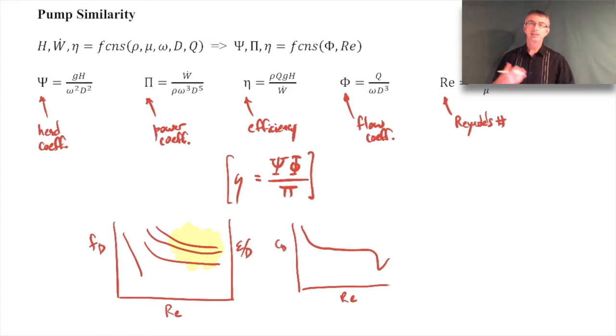So we tend to see this kind of pattern that at higher Reynolds numbers, the dependence on Reynolds number becomes less important. And it's true for pumps as well. So in this expression here, where we say that these dimensionless coefficients are functions of the flow coefficient and Reynolds number, really it's pretty good just to say that the Reynolds number dependence isn't important. Okay?